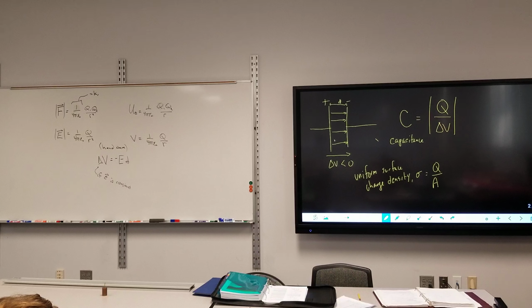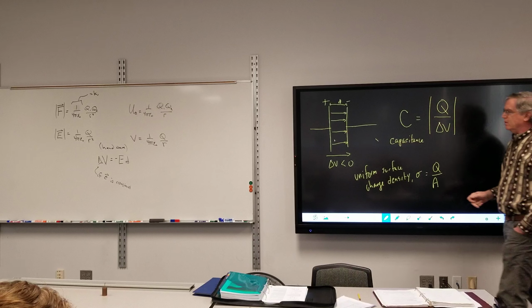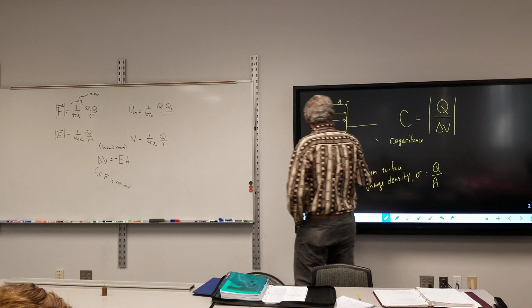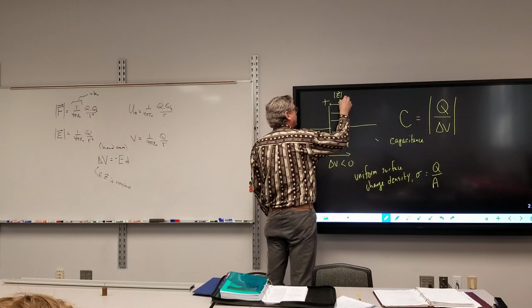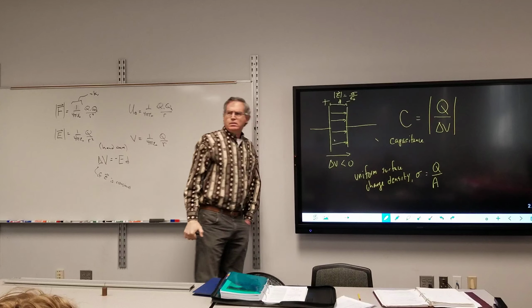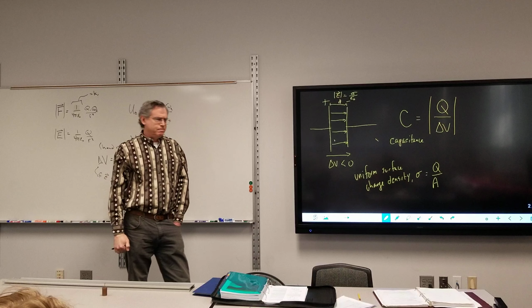The uniform charge density allows us to do the formula for the electric field, which I'm pretty sure we did last time, that the electric field strength is equal to sigma over epsilon naught.